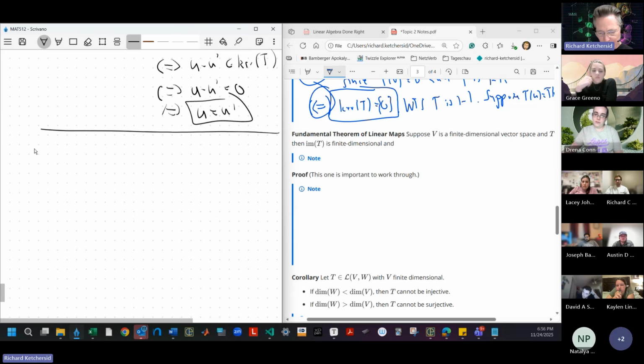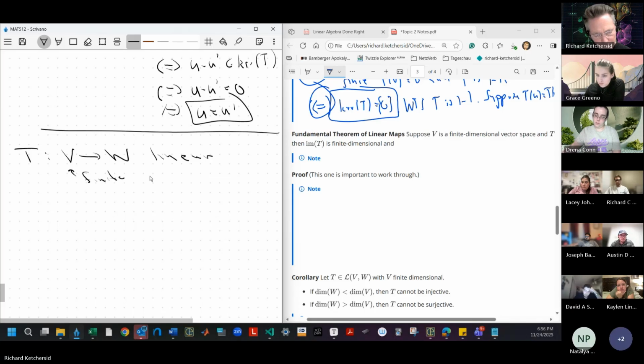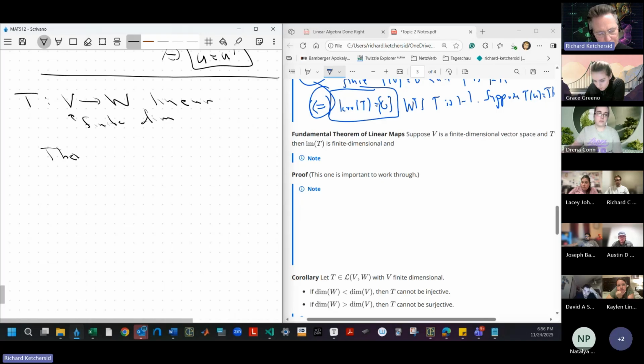What this says is, suppose V is a finite dimensional vector space, and we've got T going from V to W. We're not assuming W is finite dimensional; that doesn't actually come into this. T is linear, which is sort of implied when I write this. Then we get 1: the image, or range, is finite dimensional.